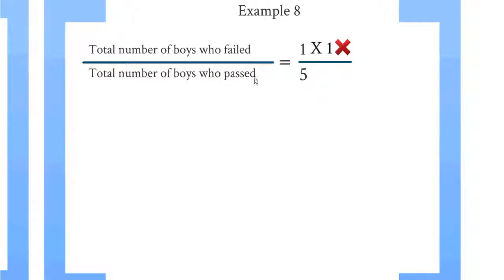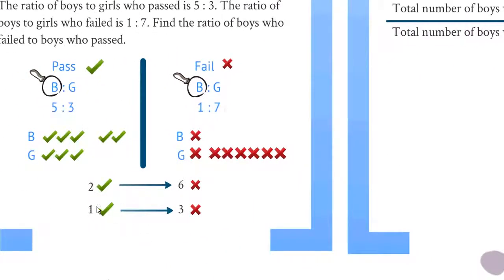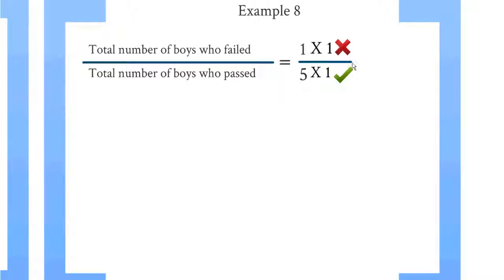So total number of boys who passed would be 5 multiplied by 1 check mark, the units representing boys who passed. But we note now that 1 check mark is equivalent to 3 crosses. So we are going to replace this green check mark with 3 crosses.